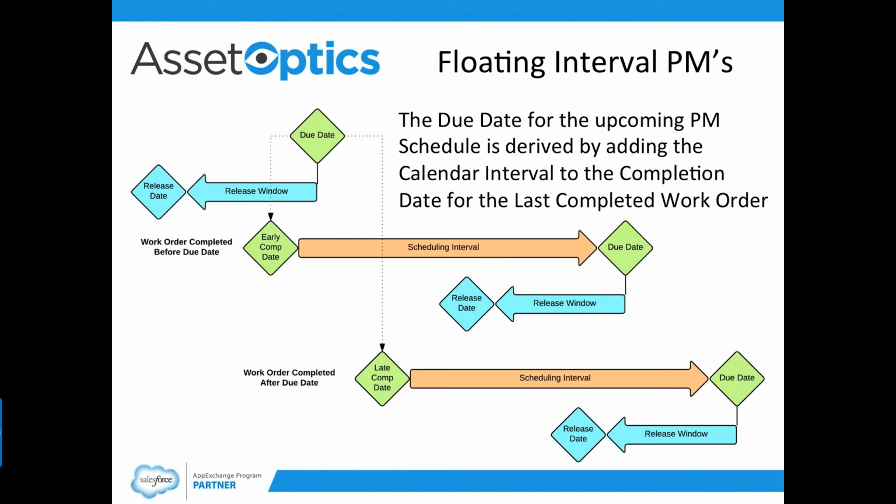Floating interval PM schedules are a little bit different than fixed interval PM schedules. For a floating interval PM schedule, the due date for the upcoming PM is calculated by adding the scheduling interval to the completion date for the last work order.